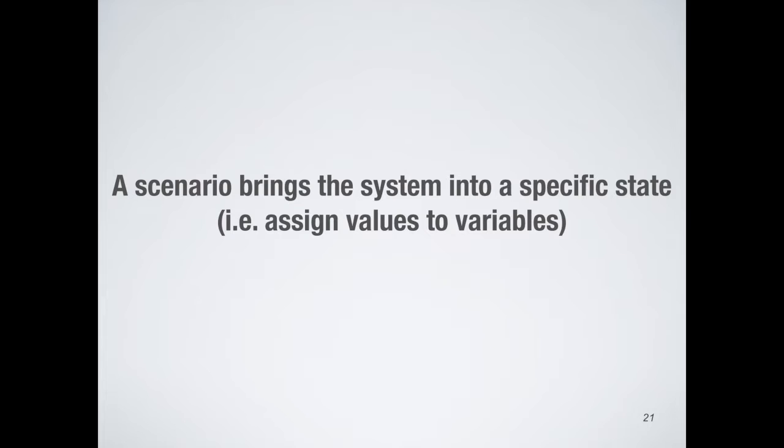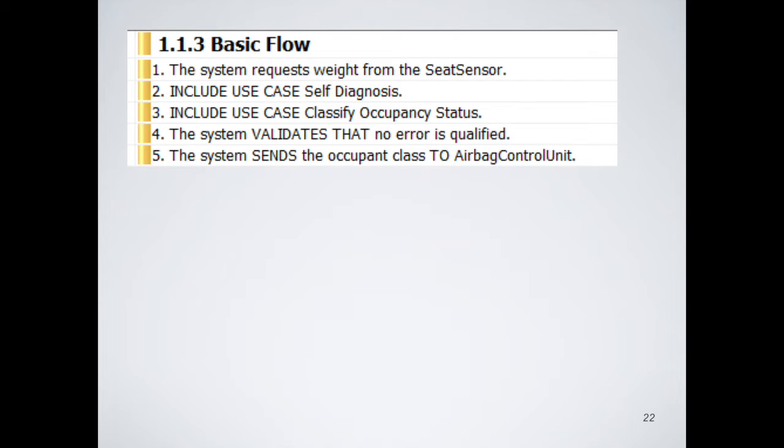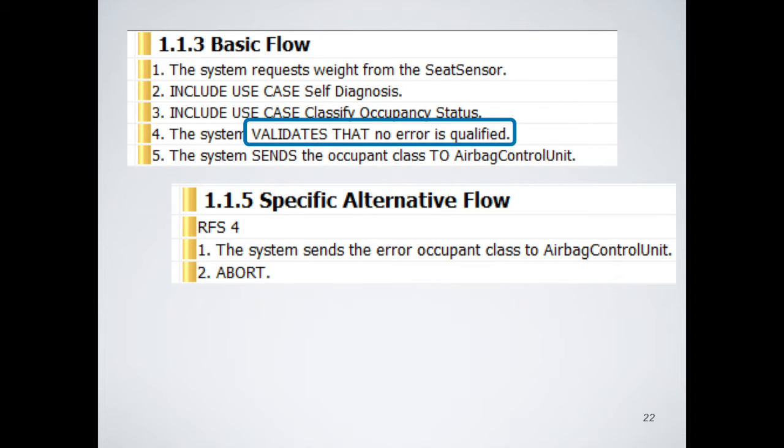On the other hand, the execution of the functional scenario may also depend on the state of timing requirements automata. For example, in the fourth step of the basic flow, the system validates that there is no error is qualified. If the condition is not held, then the alternative flow will be taken.